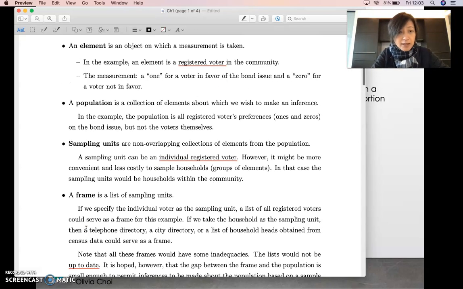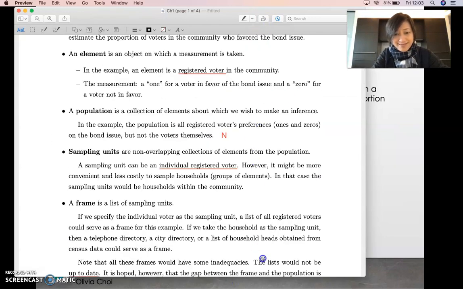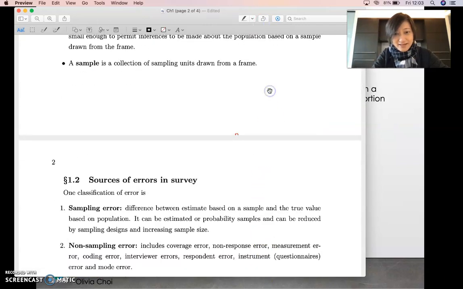Okay, and just to say a couple of points: usually we use a capital N to represent the population size, and a lowercase n, little n, to represent the sample size.